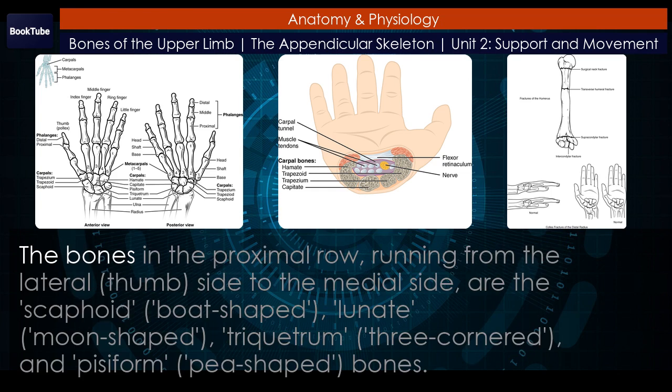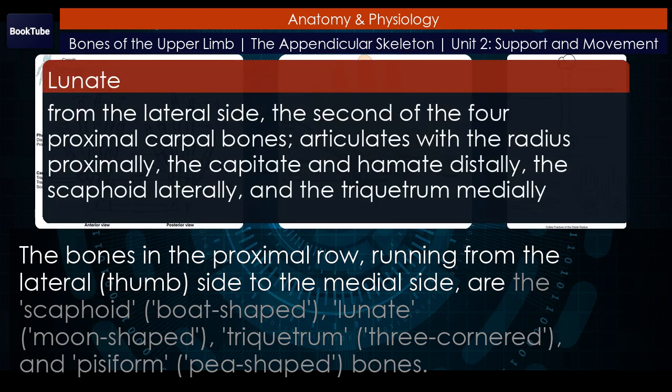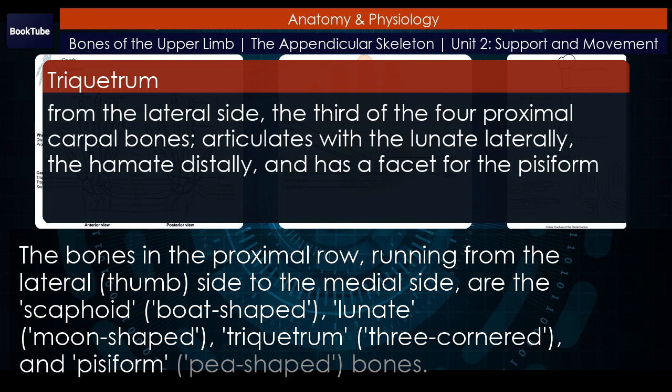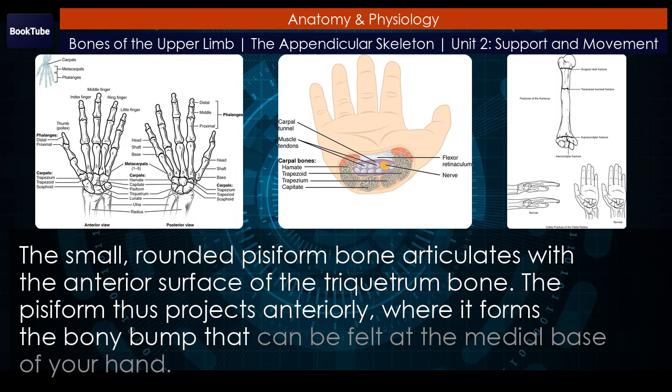The bones in the proximal row, running from the lateral, thumb, side to the medial side, are the scaphoid, boat-shaped, lunate, moon-shaped, triquetrum, 3-cornered, and pisiform, pea-shaped bones. The small, rounded pisiform bone articulates with the anterior surface of the triquetrum bone.